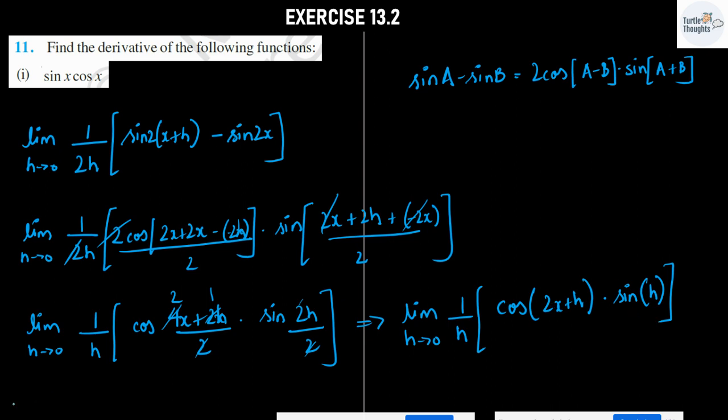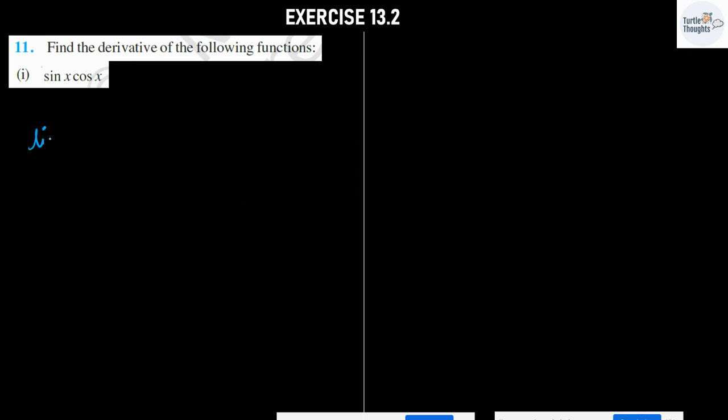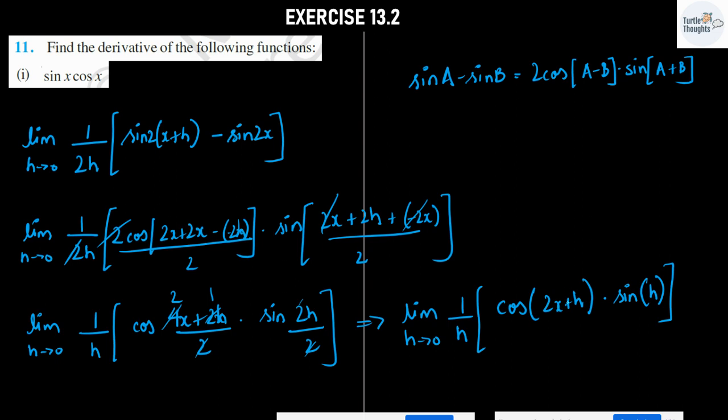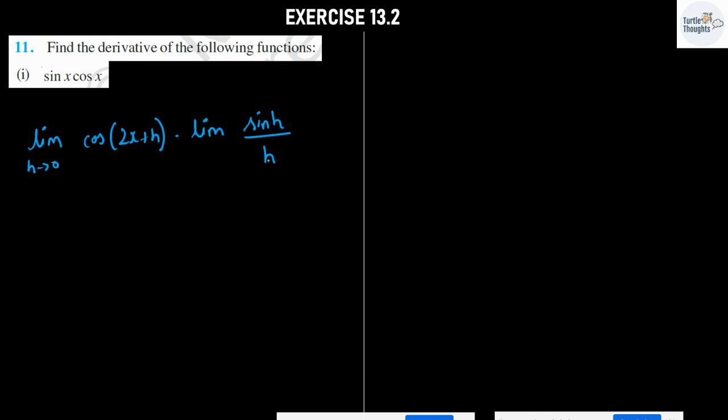Now I can take the limits. Limit of h tending to 0, cos of 2x plus h, and here I can take limit of sine h divided by h. Since both are multiplied, I can take the limits separately because I have a formula: limit of x tending to 0 of sine x over x.